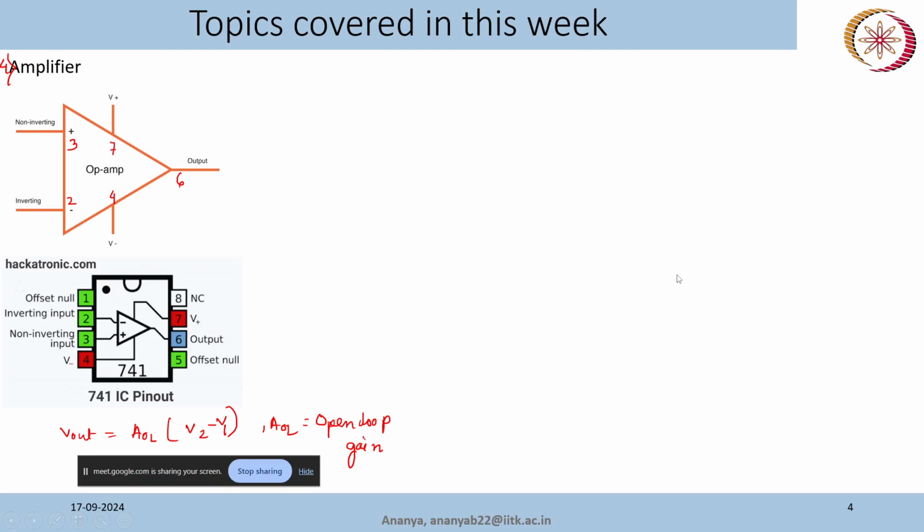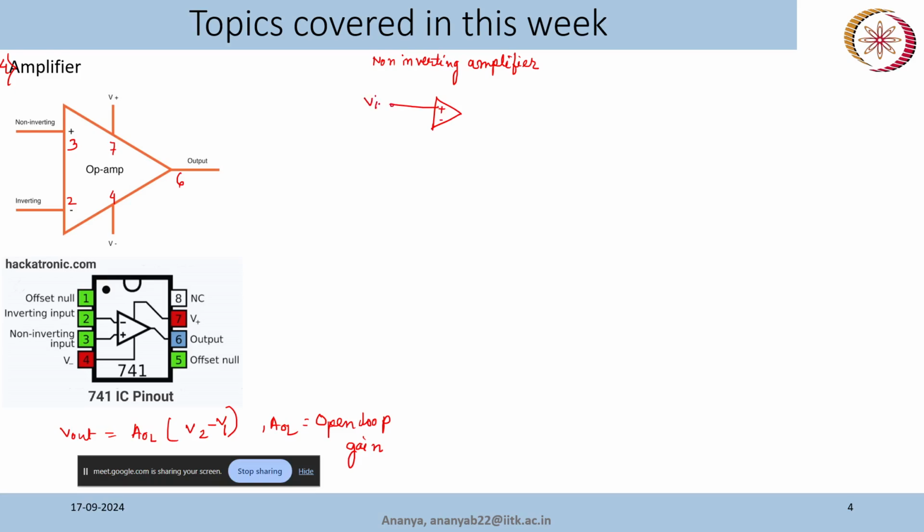So, how an op-amp can be used as an amplifier. There are different configurations. First one is the non-inverting amplifier. In a non-inverting amplifier, this is the op-amp, this is the non-inverting terminal, and this the inverting terminal.